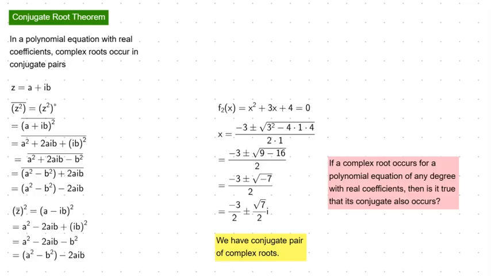Now let's look at the square of the conjugate of z. Here we are interchanging the conjugation and the squaring. The conjugate of z is a minus ib, and then we have the square, which is a square minus 2aib plus (ib) square.